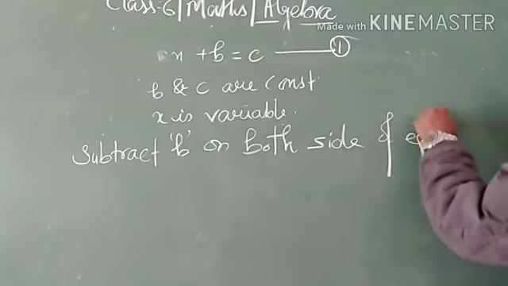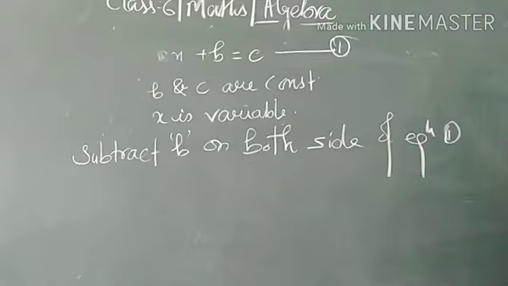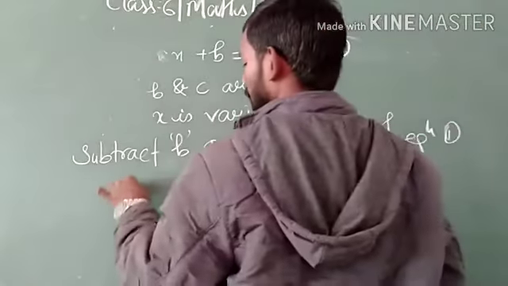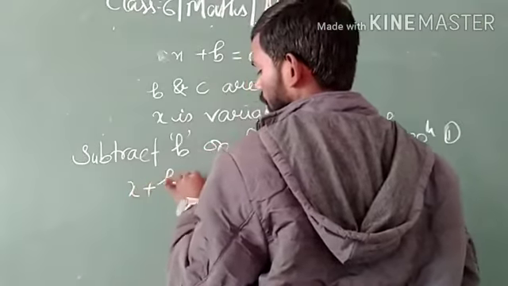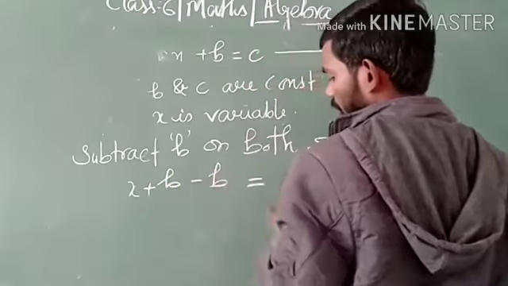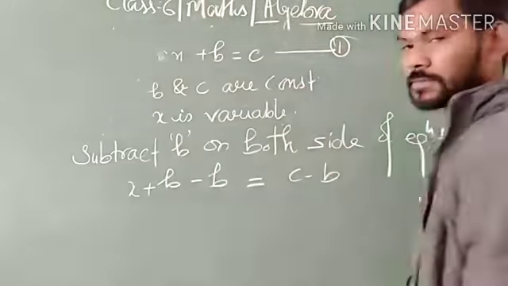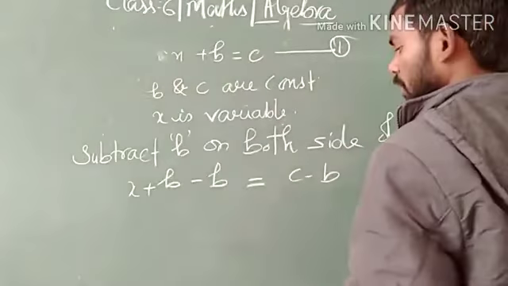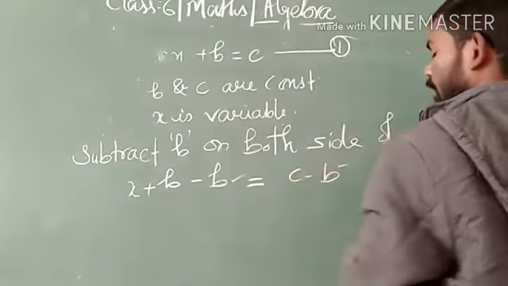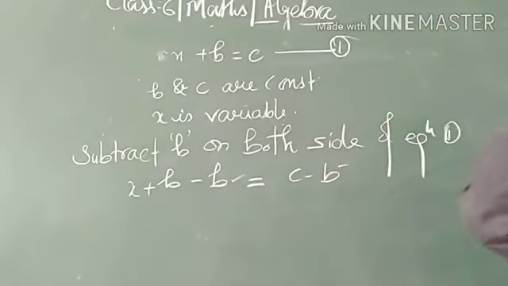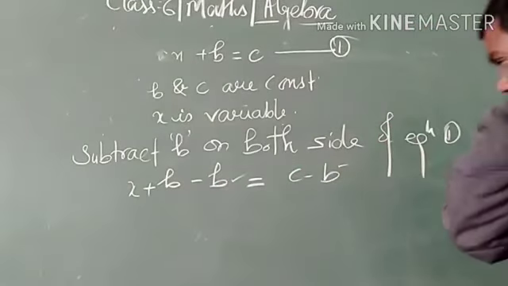So here we get x plus b minus b is equal to c minus b. Here you can see that on both sides we have subtracted b.